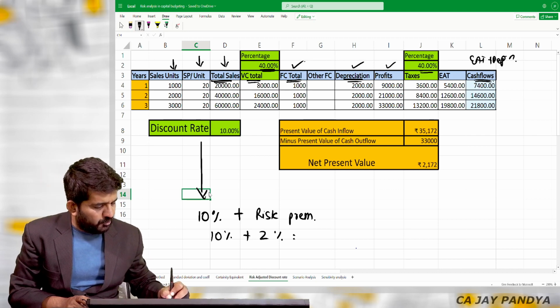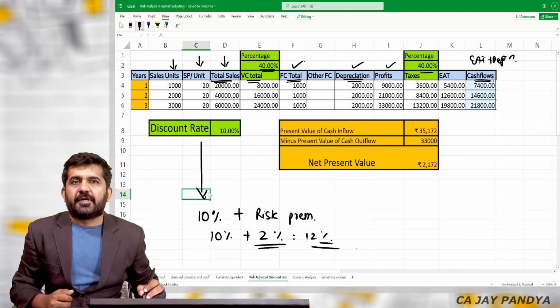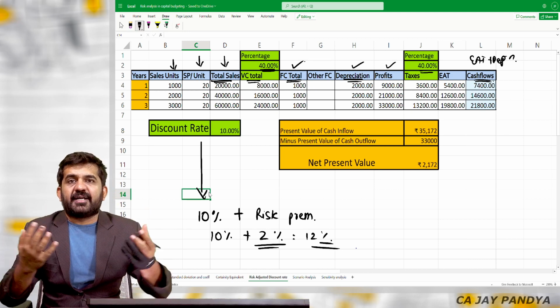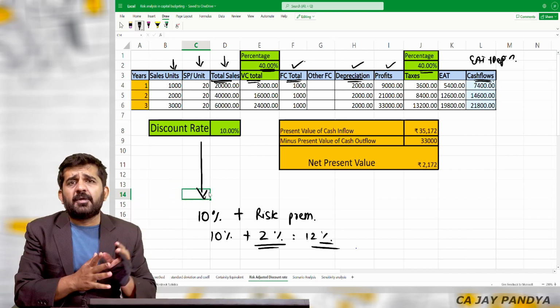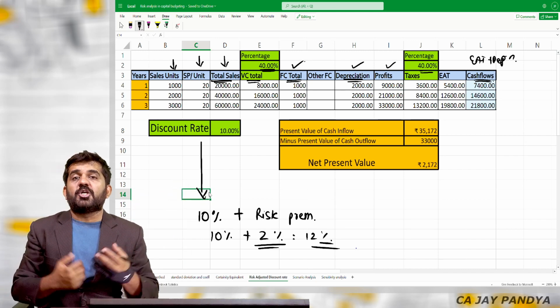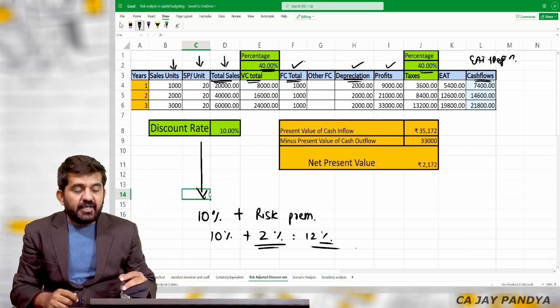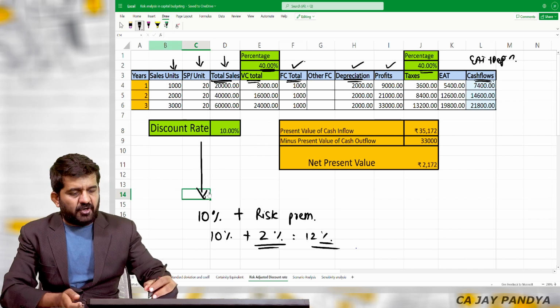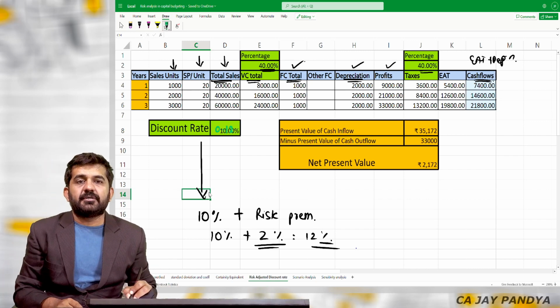How much risk premium do I want? 2%. For a more risky project, how much risk premium do I want? 8%. For a very risky project, how much risk premium do I want? 20%. It depends on how much risk premium you want. But instead of a discount rate of 10%, I will use a discount rate of 12%.